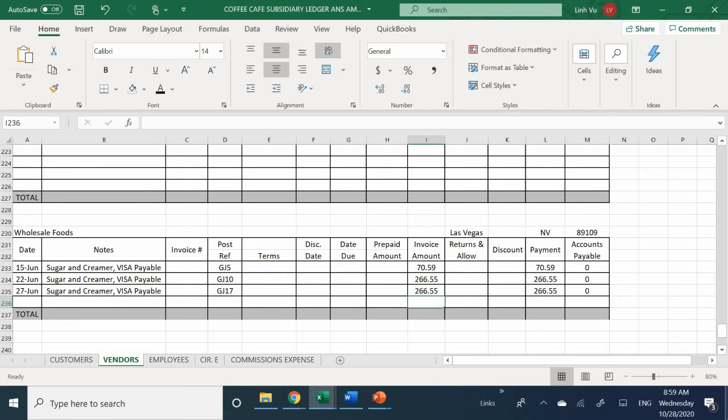There you go. Some of these numbers are not coming out on my keyboard. All right, so good. 266.55 in the subsidiary ledger. Good.